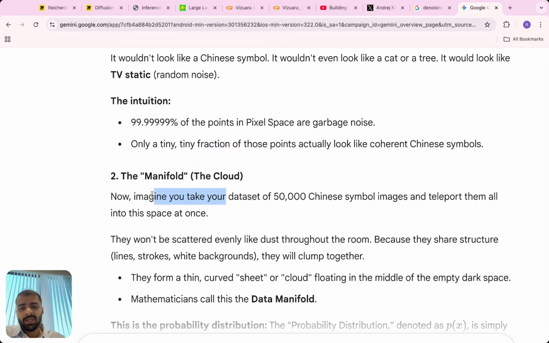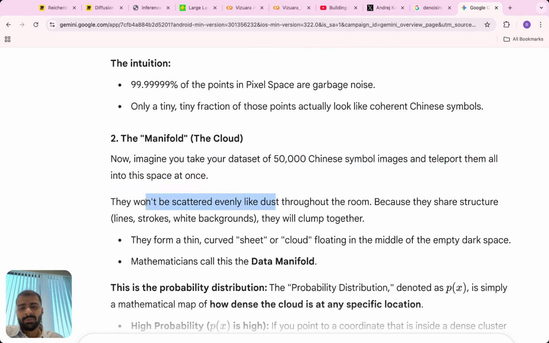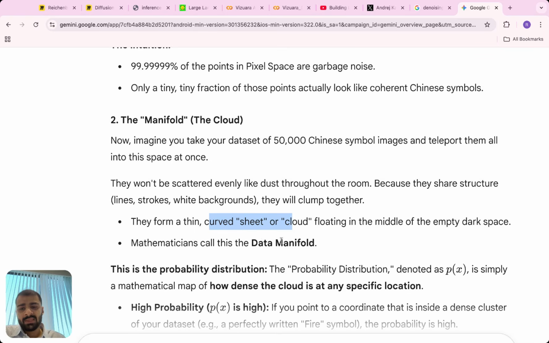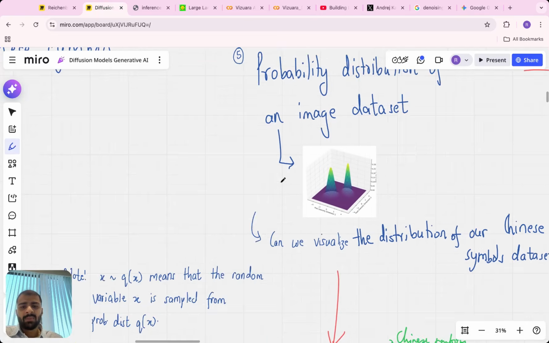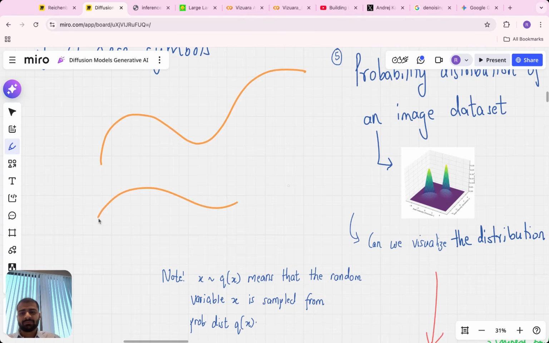Now imagine that you take your data set of 50,000 Chinese symbols and teleport them into this space at once. They won't be scattered evenly. They will form a sheet or a cloud. This is the probability distribution. So imagine this for a moment, right? Imagine a huge space which is mostly empty, and the Chinese symbols are living in a tiny section of that space. Maybe they are living in a shape which is looking like this.